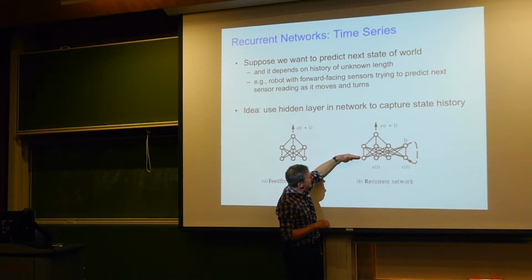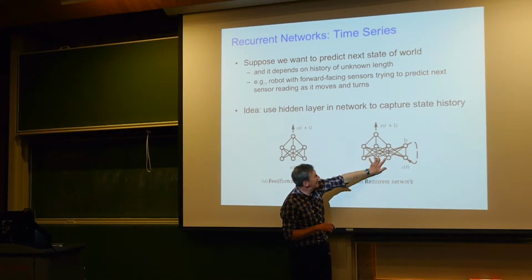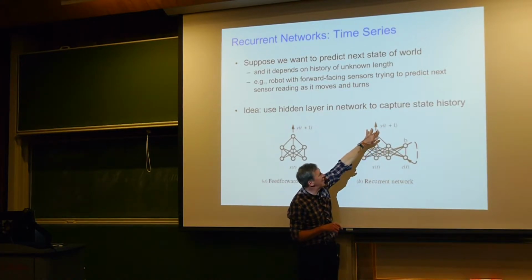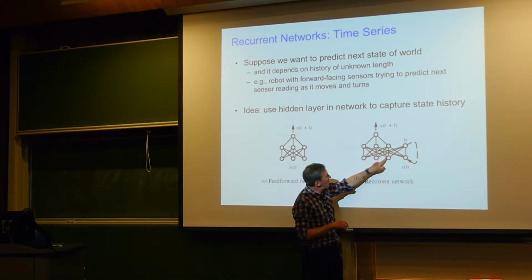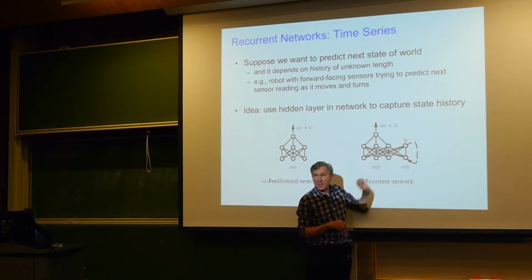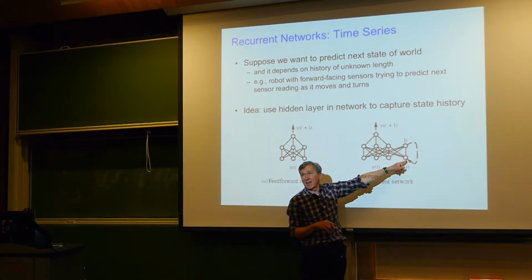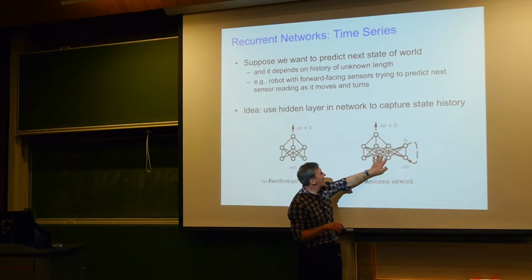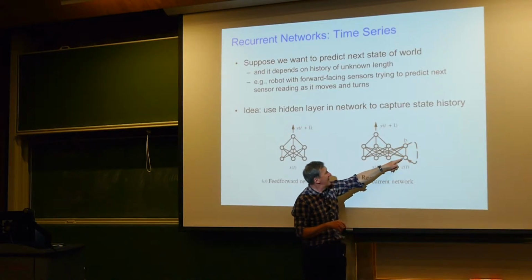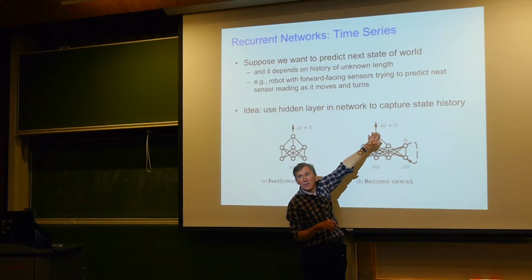The way you understand this is that at any given point you input your observed x of t and you predict your output. But you also add one or more other units that are also a function of the current input, and that become an input at the next time tick. So if I calculate b as a function of x of t, I'm going to make that an input when I put in x of t plus 1 to predict y of t plus 2.